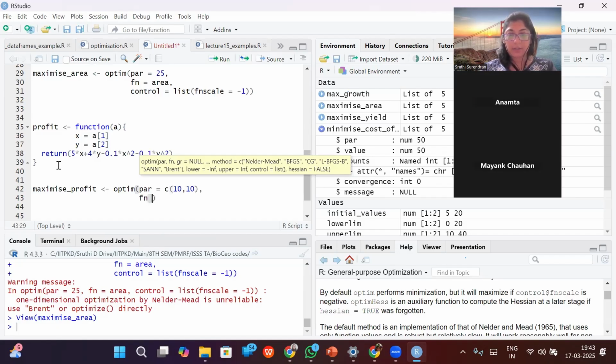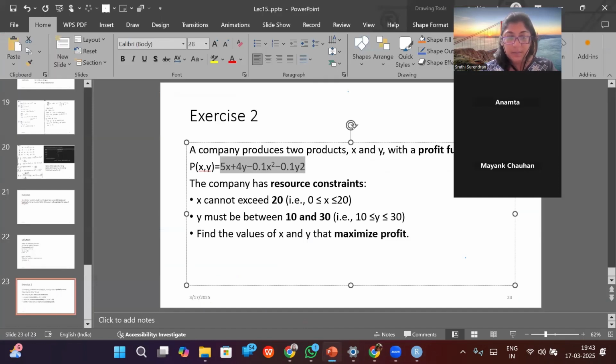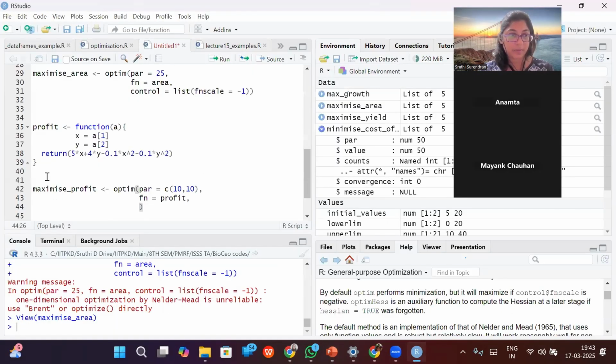Then we give the function, which is profit. Now we have some constraints, which is basically x should be between 0 and 20 and y should be between 10 and 30. So let's put the constraints over here.